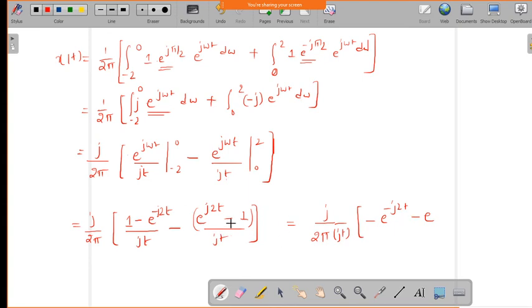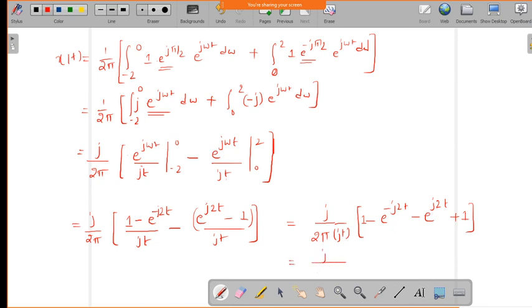So this will become e power minus j2t minus e power j2t plus 1, and here it is 1, divided by jt.